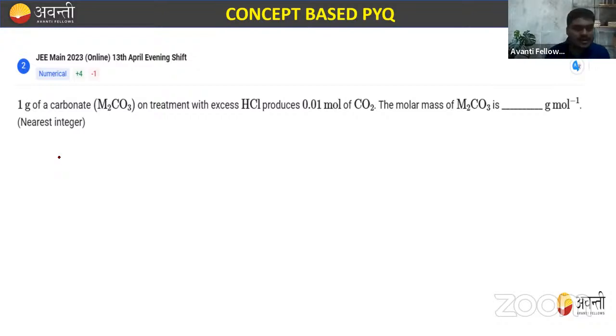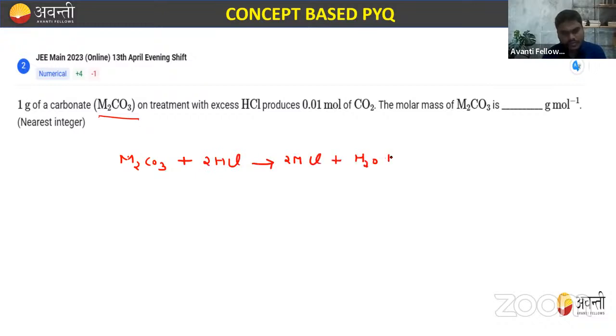So basically, when 1 gram of metal carbonate is treated with HCl, we have M2CO3 and they treated with 2 HCl, they will form 2 MCl plus H2O plus CO2. So this is the equation.